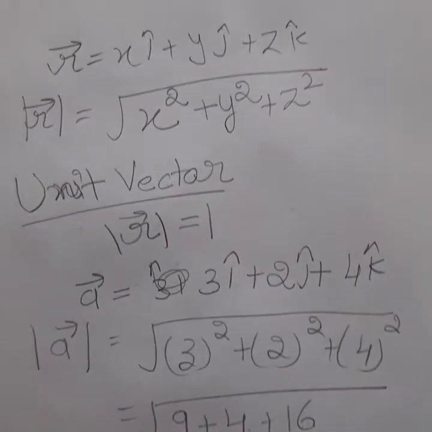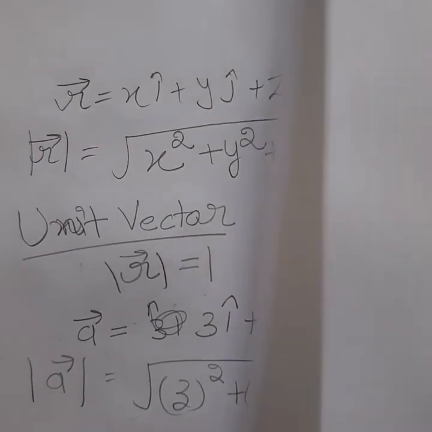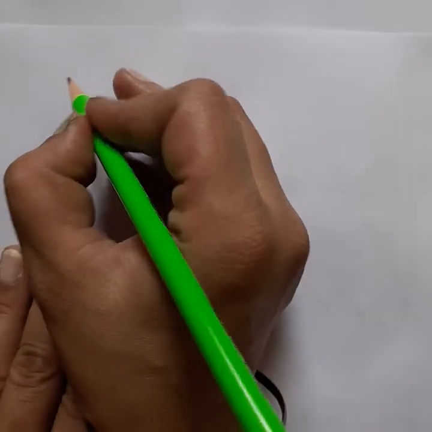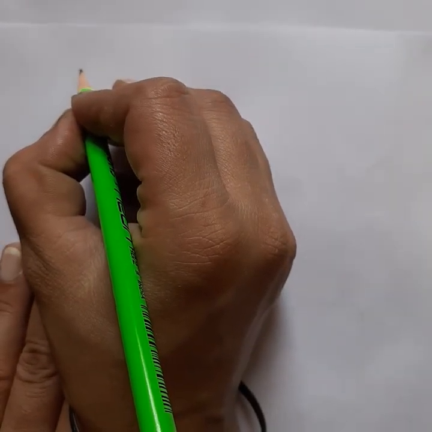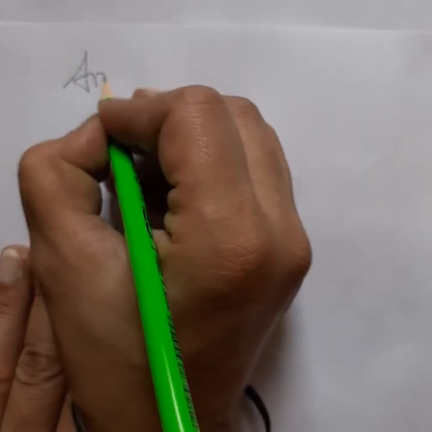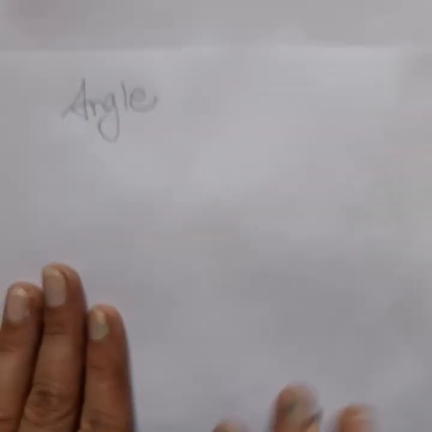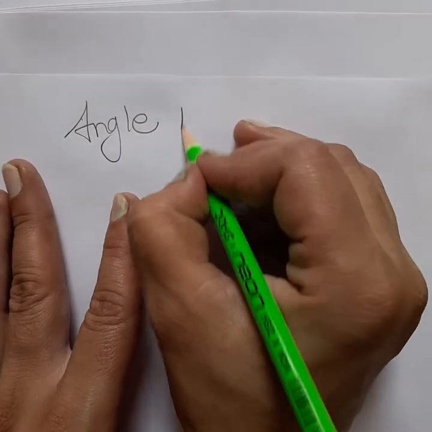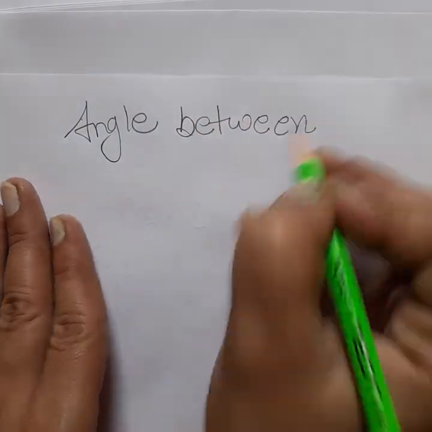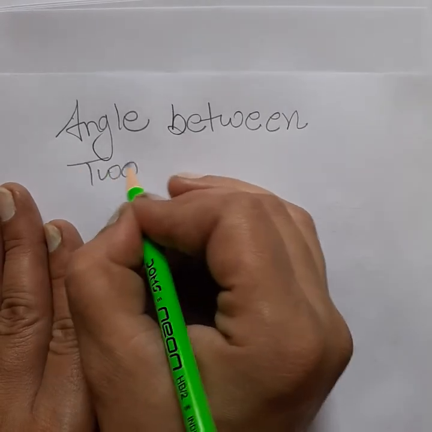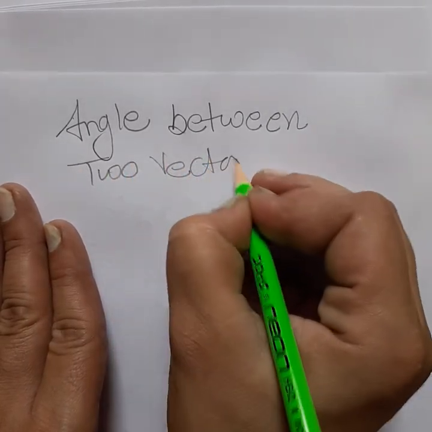Next, after the unit vector, we should find the angle between two vectors.